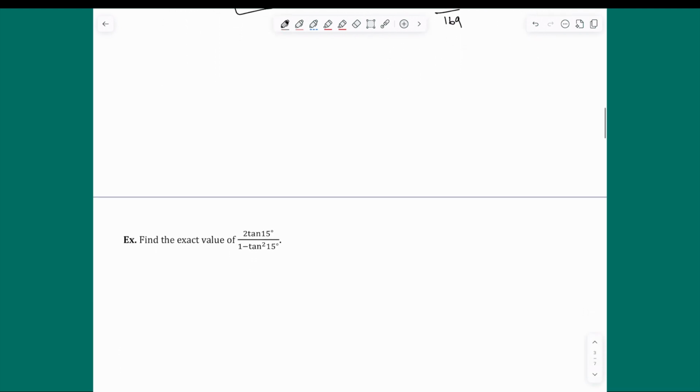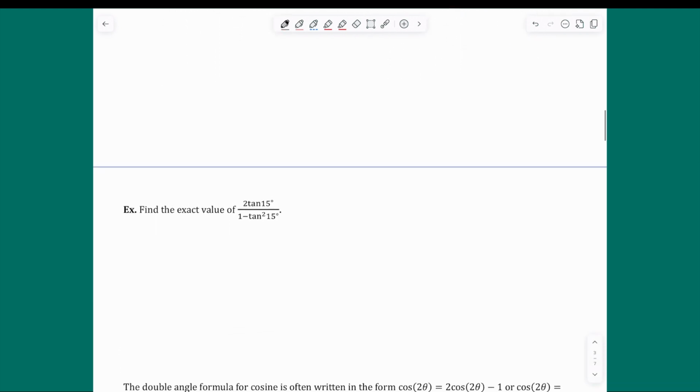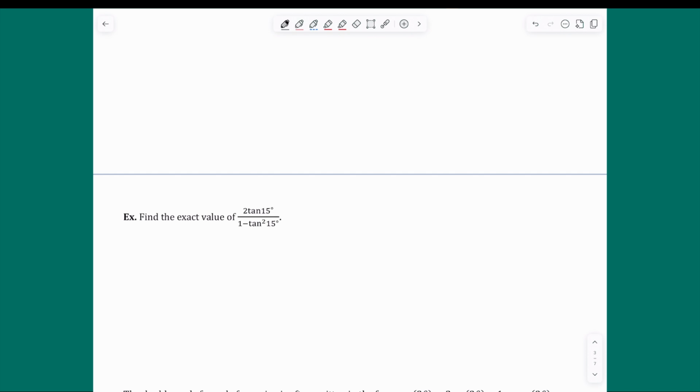Here's another example. We're asked to find the exact value of 2 tangent of 15 degrees over 1 minus tangent squared of 15 degrees. We can see that this has the form of our double angle formula.